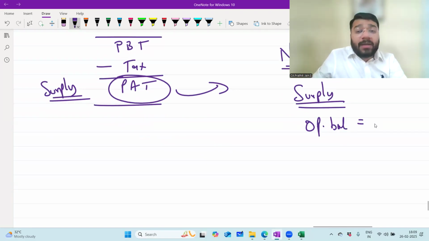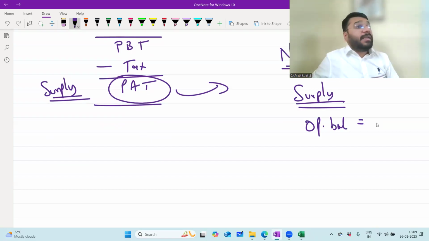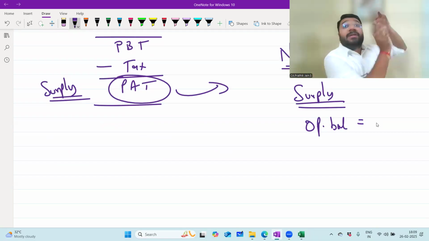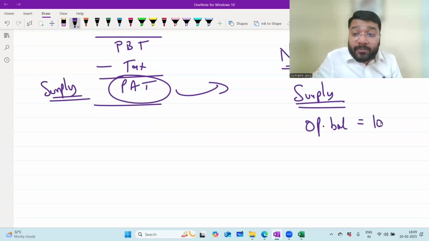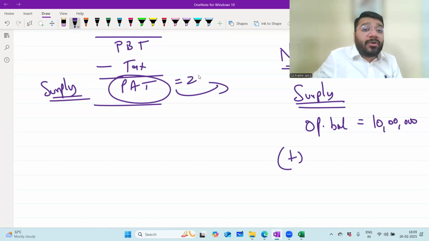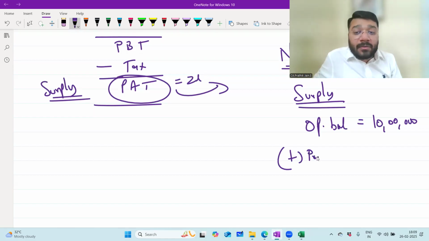Opening balance means what? Until last year, that is, from when the company started till the end of last year, the total accumulated profit of all the years is how much? Let's suppose 10 lakh rupees. What is your current year profit? 2 lakh rupees. Then the 2 lakh rupees profit of the current year, you will add it.